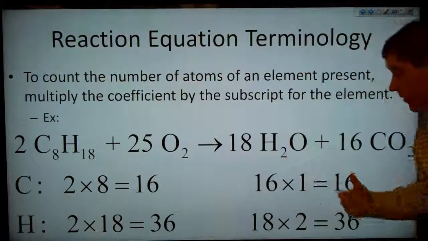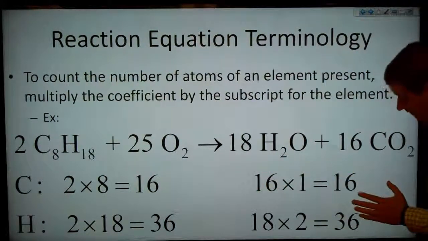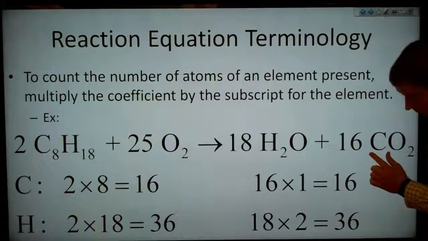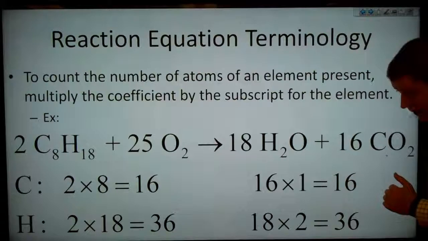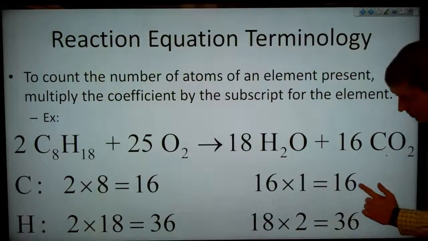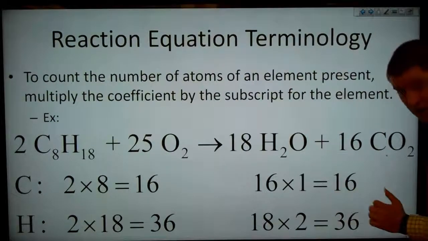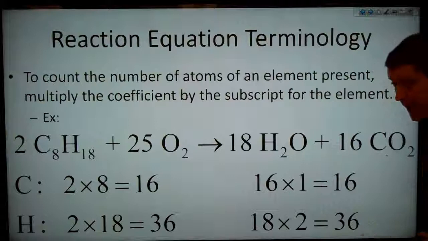And we can do the similar sort of thing on the right side. So over here, for carbon, we have 1 carbon atom in each carbon dioxide molecule. We have 16 carbon dioxide molecules, so 16 times 1 gives us 16. And you note that this number here, 16 carbon atoms on the right side, is the same as the 16 carbon atoms on the left side.